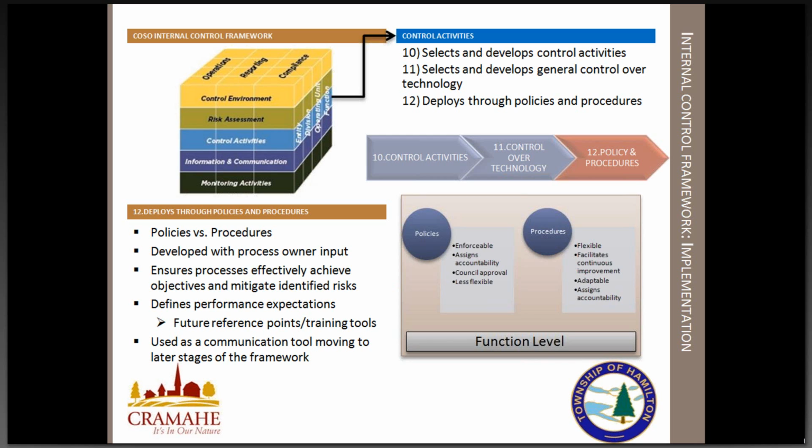Each avenue that is pursued offers its own pros and cons, and referring back to the internal control framework cube in the top left, our review is being performed at the function level. Therefore, instead of choosing to implement controls through policy, which would ultimately require council approval, we decided to write procedural documents in order to retain operational control.